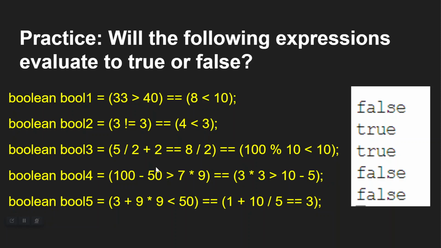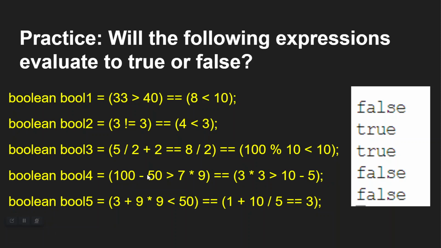Down here, let's see, we've got 100 minus 50 gets you to 50. Is 50 greater than 49? Yes, it is, so this is true. And let's see, 3 times 3 is 9. Is 9 greater than 5? Yes, it is, so that's true.